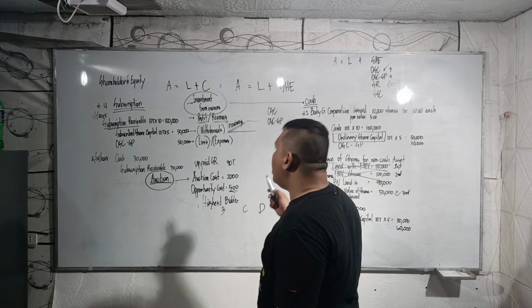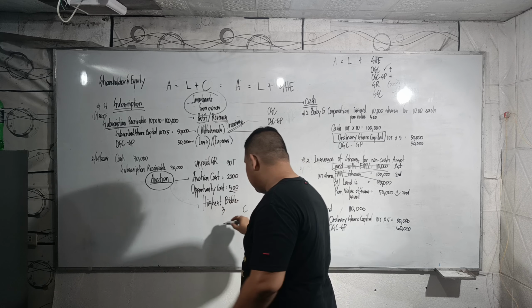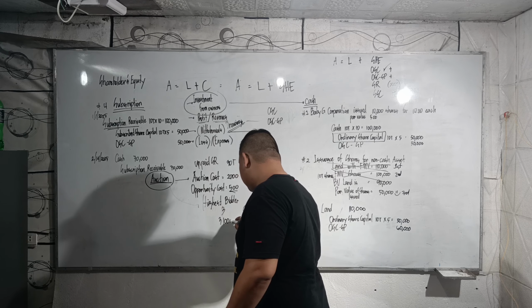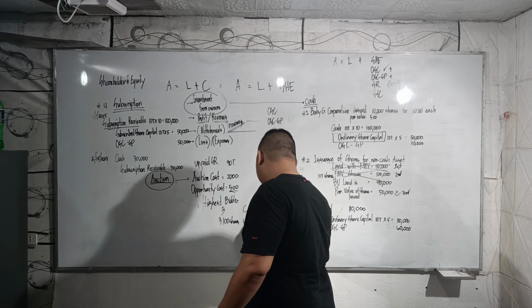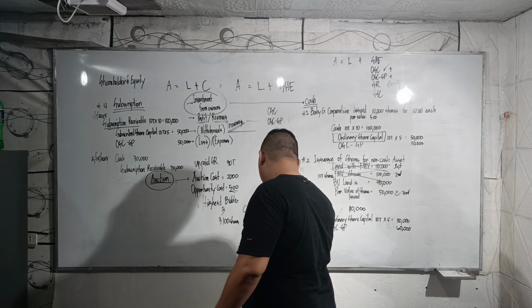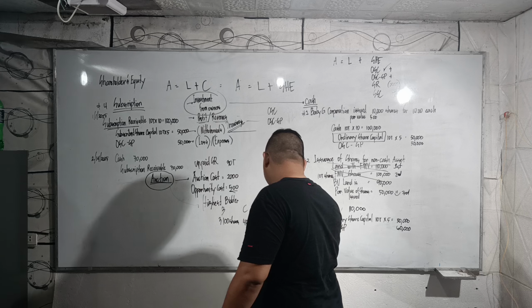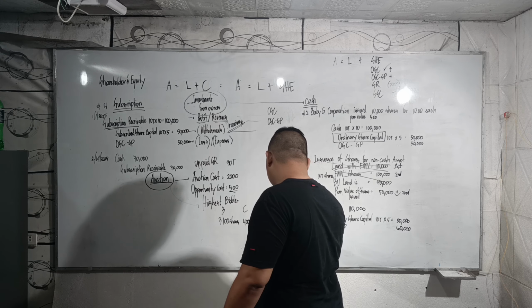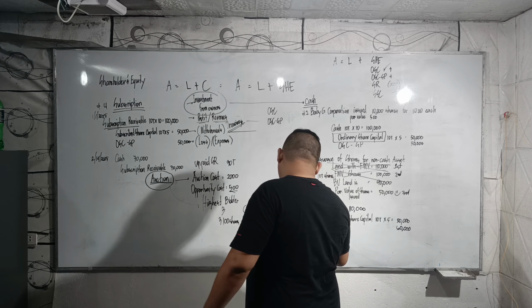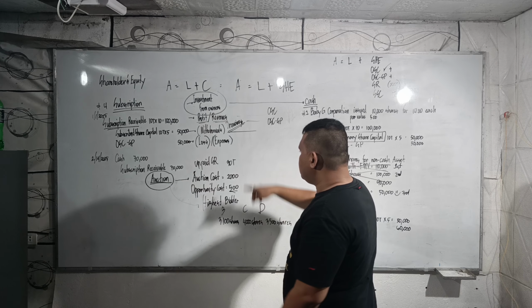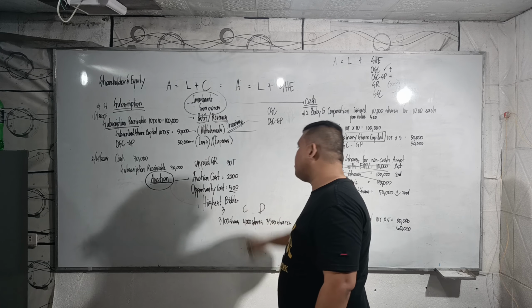So B wants to have 3,100 shares, while C wants to have 4,000 shares, while D needs only 3,500 shares. So meaning, they agreed to pay all of this, 30,000 plus 2,000 plus 500.